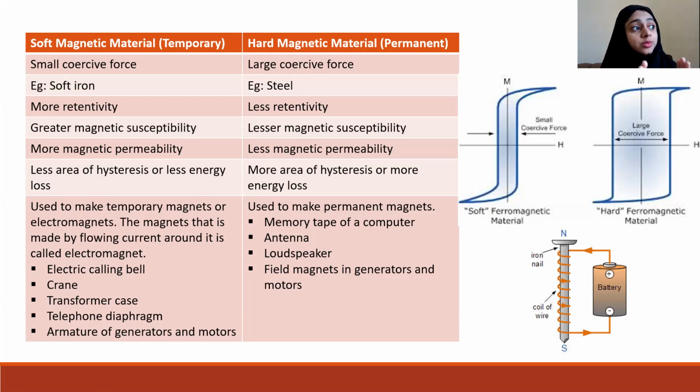You should also be able to explain the magnetic domains within a ferromagnet, and also draw the hysteresis loop and define remanence and retentivity. And you should be able to compare soft magnetic material and hard magnetic material, and also tell what is a temporary magnet, what is a permanent magnet, and where do you use it.